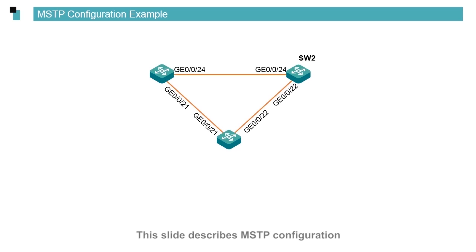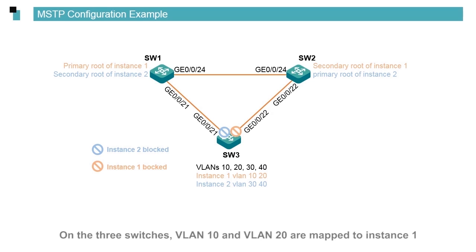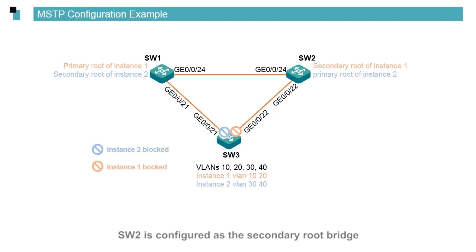This slide describes MSTP configuration. On the three switches, VLAN 10 and VLAN 20 are mapped to instance 1, and VLAN 30 and VLAN 40 are mapped to instance 2. In instance 1, SW1 is configured as the primary root bridge, SW2 is configured as the secondary root bridge, and SW3's GE0/0/3 is blocked.